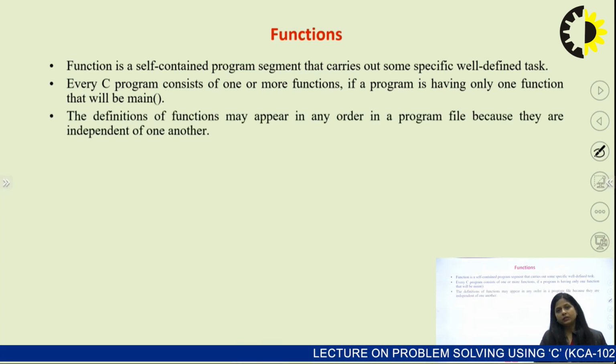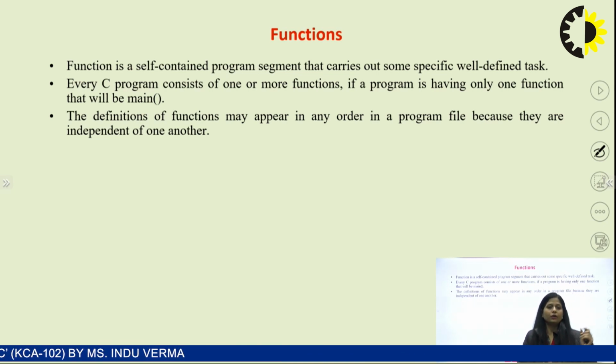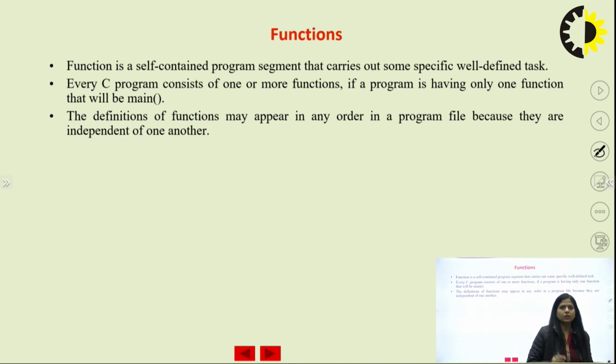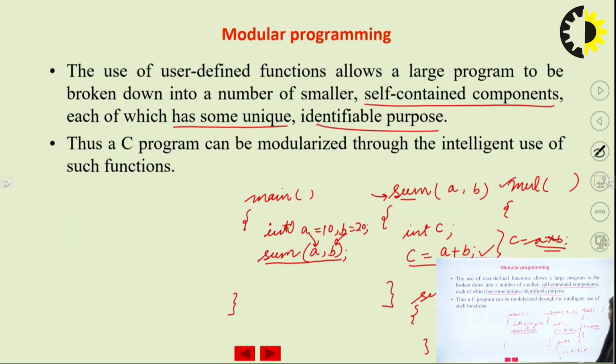While we are defining the functions, there is no specific order, like function 1 or function 2 or function 3; no sequence is specified. Likewise, in the last example, I created 3 functions. One was sum, second was subtraction, third was multiply.